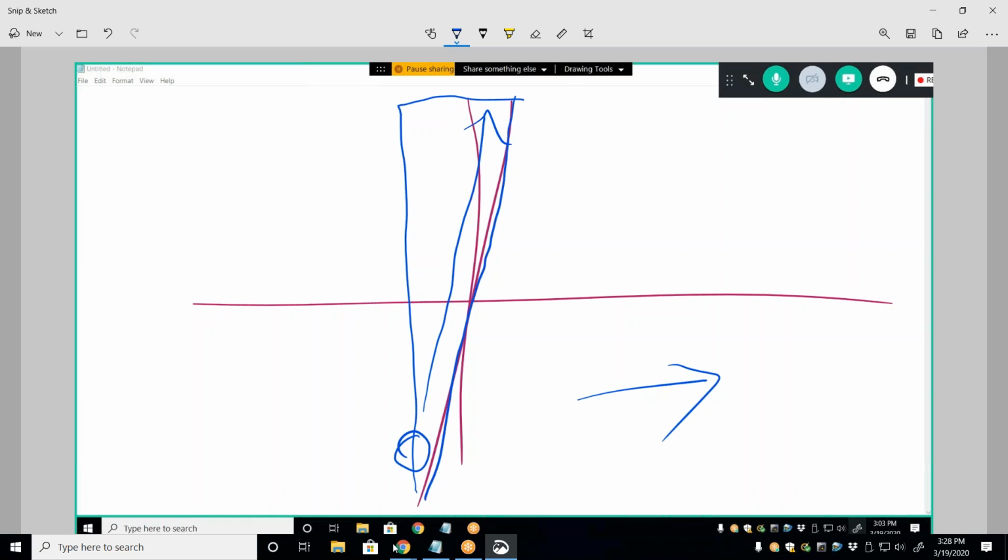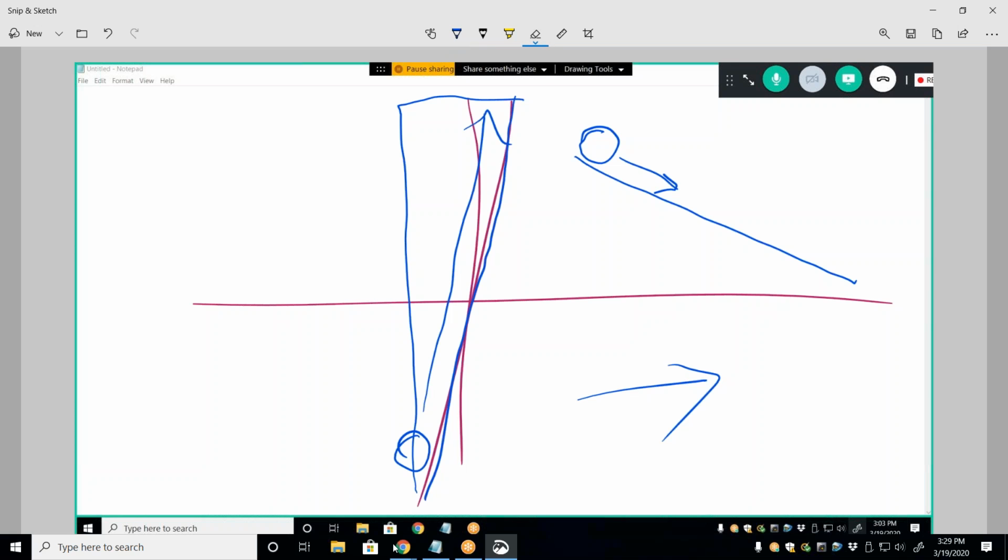Uphill corresponds to a positive slope. What if I have a line like this? What is that? Negative. Yeah, if I put the ball on the top left like that, it's going to roll downhill. You won't have to push it. If it rolls downhill, it's negative slope. If you have to push it uphill, it's positive.